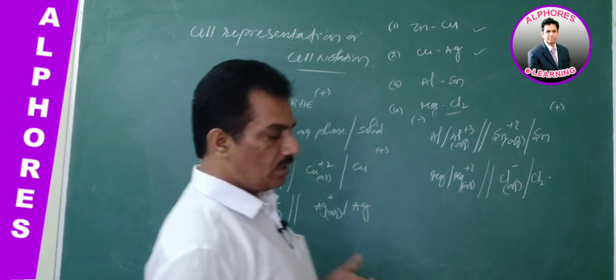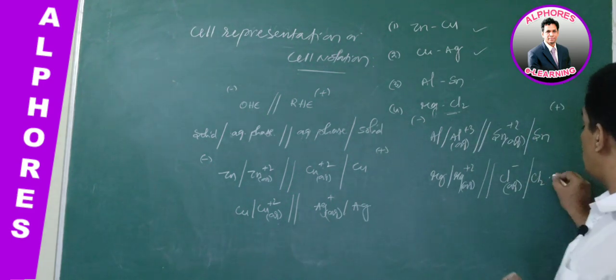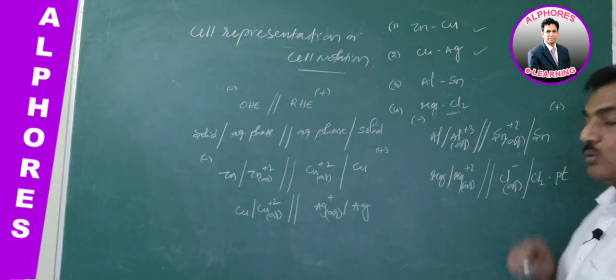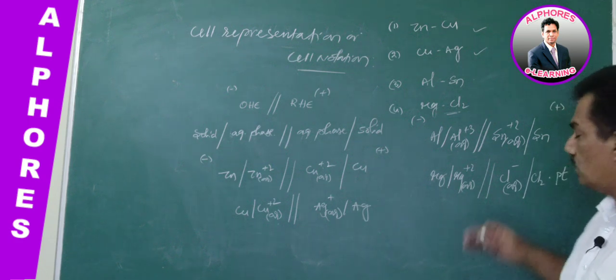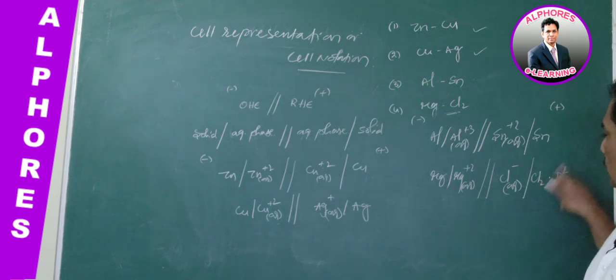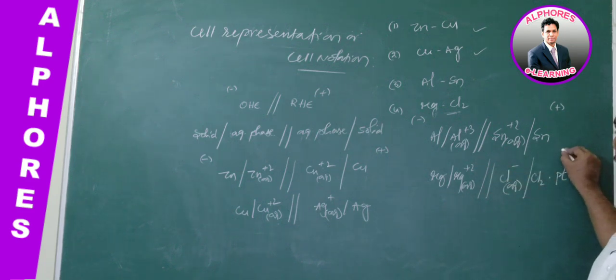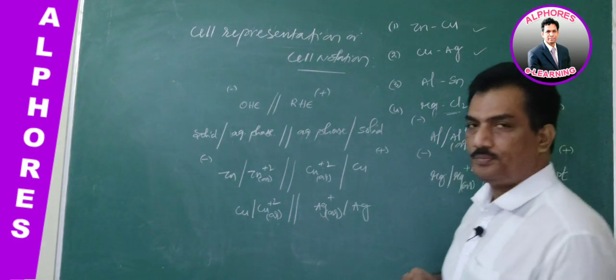No, chlorine can't be used in preparing the rod. So it takes the assistance of a neutral electrode like platinum. Platinum is the neutral or inert electrode, a metal rod that can be used for support of this chlorine. Thereby this total scenario is for RHE and it is for OHE.